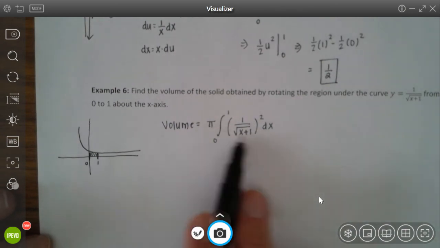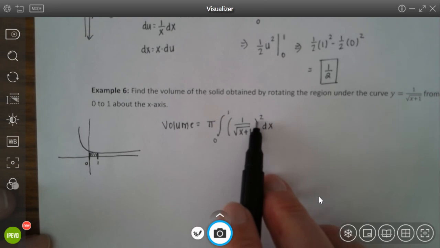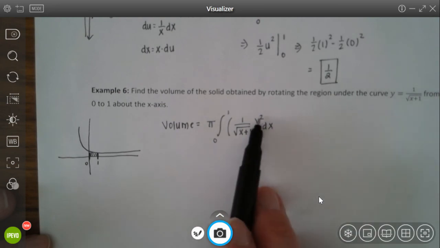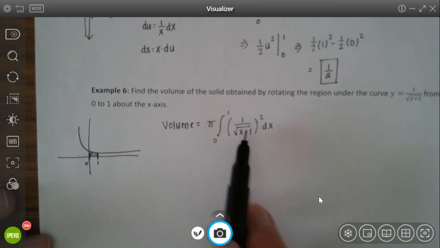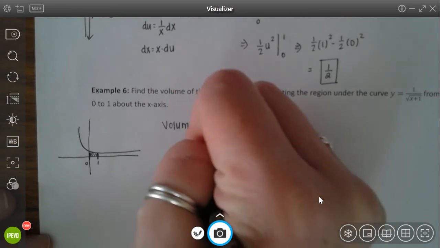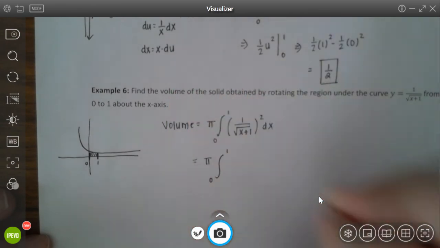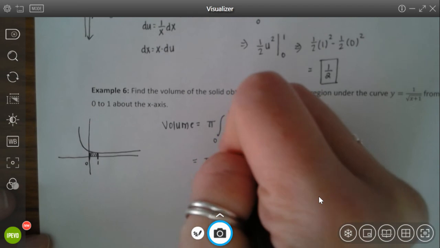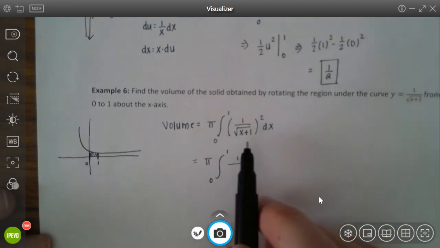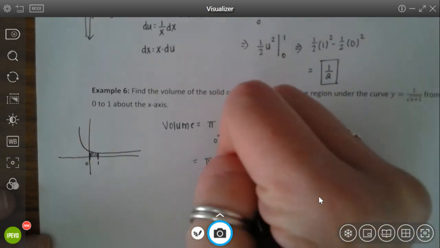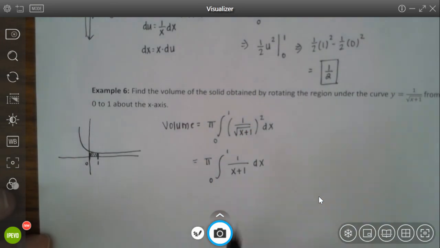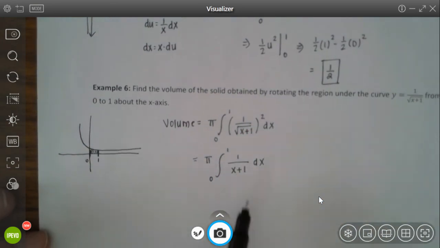And before I do any sort of integration here, I am actually going to simplify this, because if I raise both the numerator and the denominator to the power of 2, it actually simplifies things very nicely. That's going to give me 1 squared in the numerator is 1, and then this quantity in the denominator is really just going to be an x plus 1. And then at this point, u substitution is going to be pretty easy.